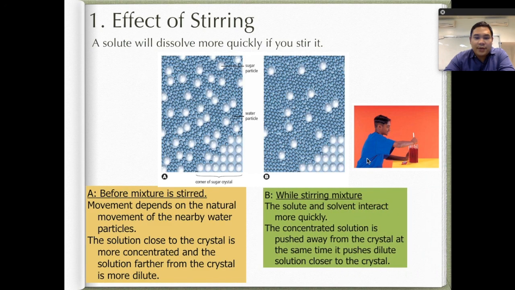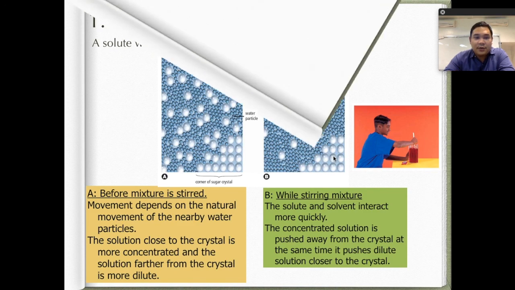As we mix it, the concentration is pushed away from the crystal, meaning the sugar crystals move away from this concentrated area. Therefore, the greater the stirring, the greater the rate at which solute will dissolve in the solvent.